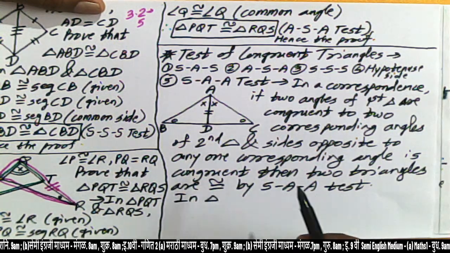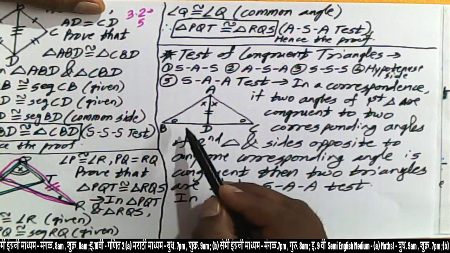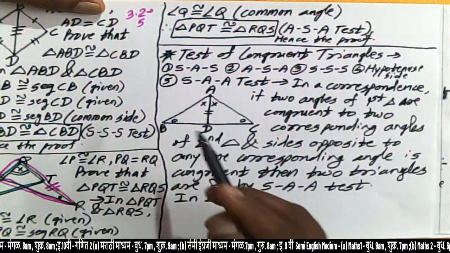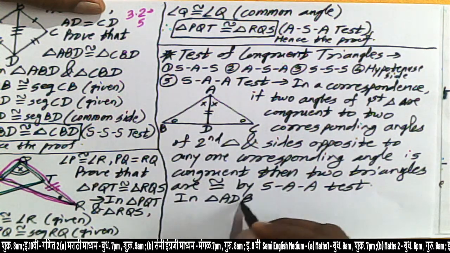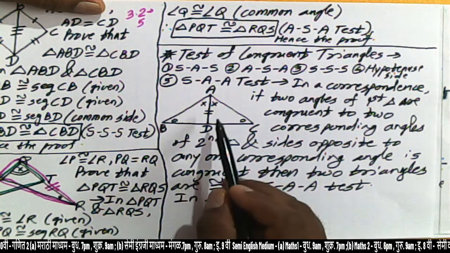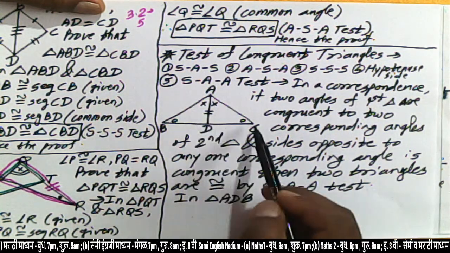In the first triangle, the name is triangle ADB and the second triangle is triangle ADC.